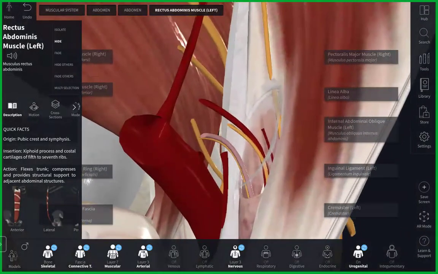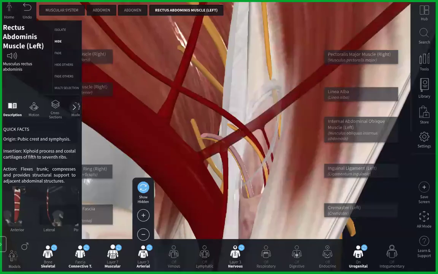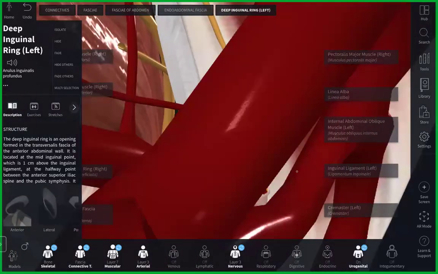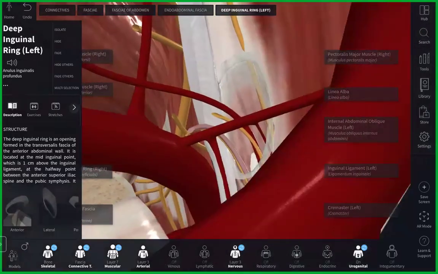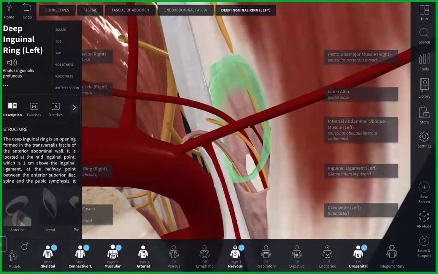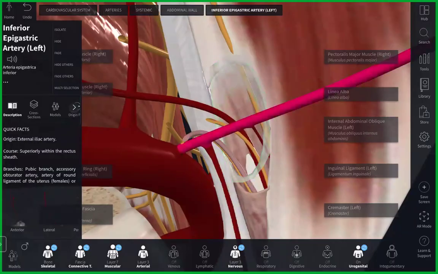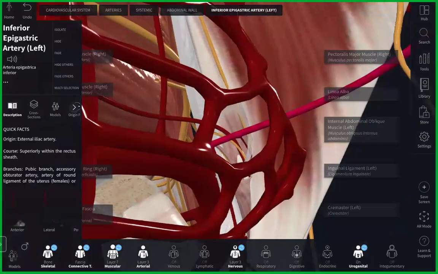So you can see here, the deep inguinal ring is somewhat lateral to your inferior epigastric artery.